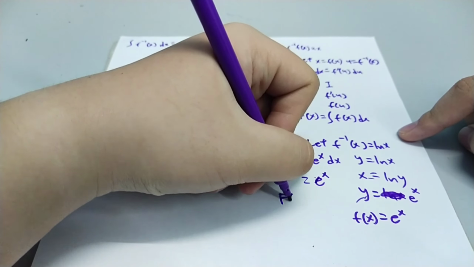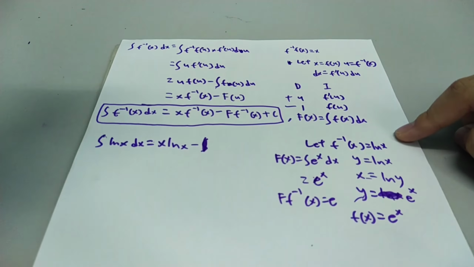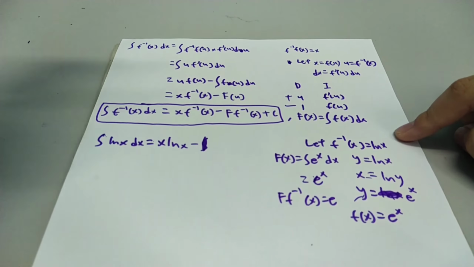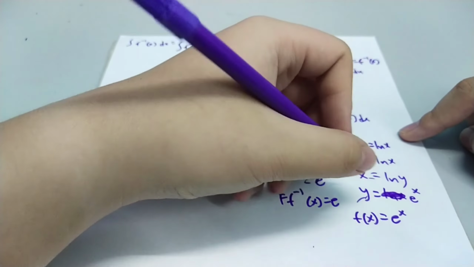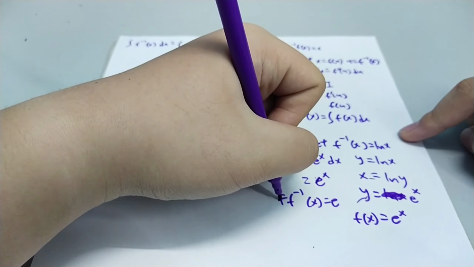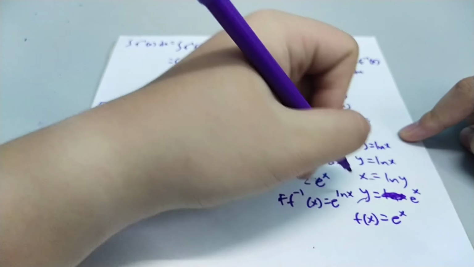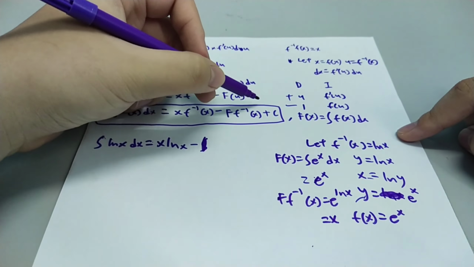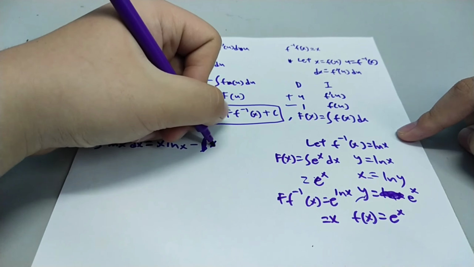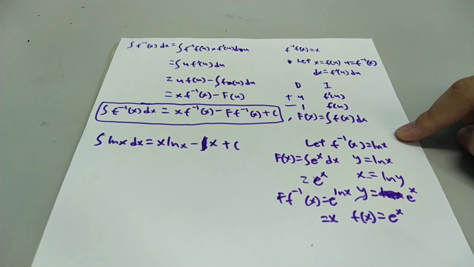Then F of f inverse of x is equal to e, because remember this is a composite function. It's like a composition between two functions. So we got capital F right here, and then we got f inverse of x. So this capital F of f inverse of x is equal to e to the power of natural log of x, which is equal to x. So this term is equal to x, and then finally we plus c.